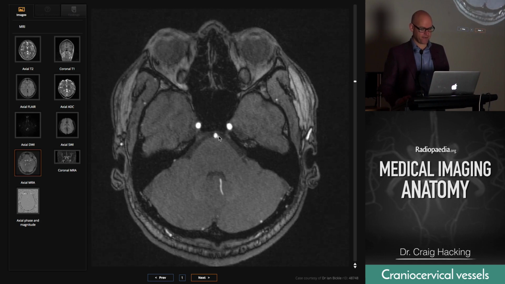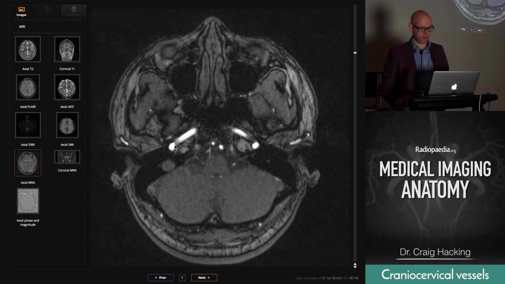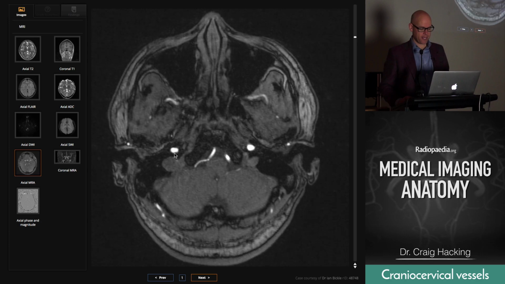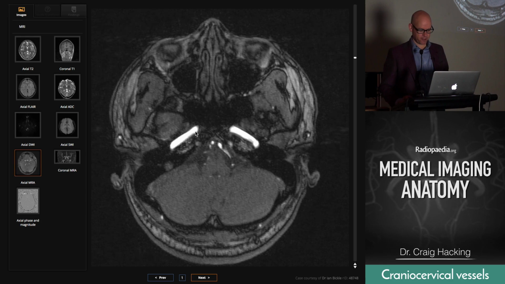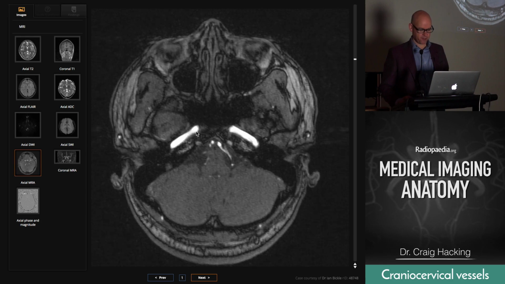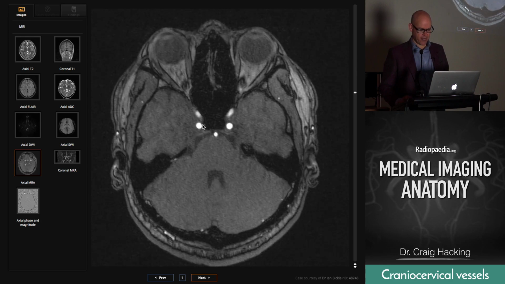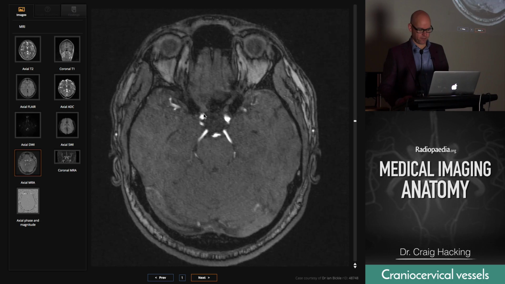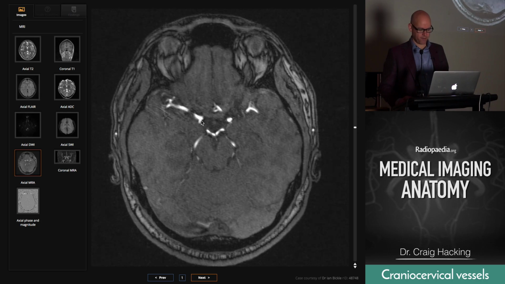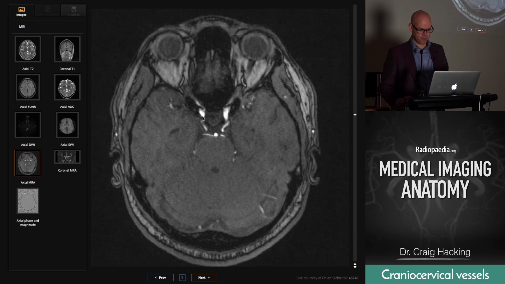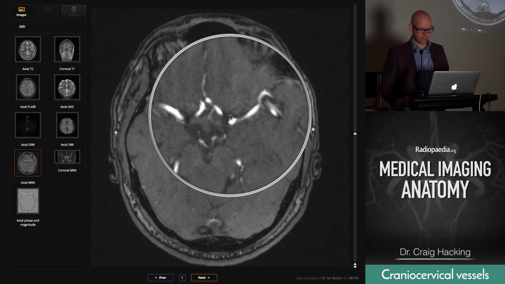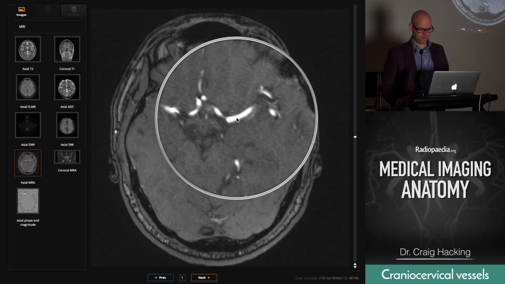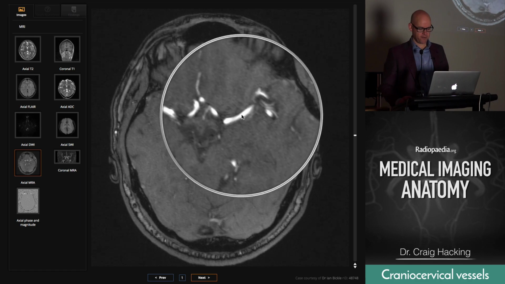Let's go back down and follow the anterior circulation up. Here's our ICA. The ICA comes up through the carotid canal and it works its way medially and anteriorly. It's got lots of bends in it. This is the petrous portion. We'll talk about this shortly. Our cavernous, all the portions all the way up until we bifurcate. So here's our ICA and here's our bifurcation. We'll do the other side, it's a bit easier. At the bifurcation, there's one that goes laterally into the Sylvian fissure.